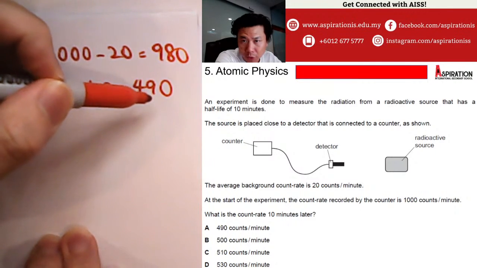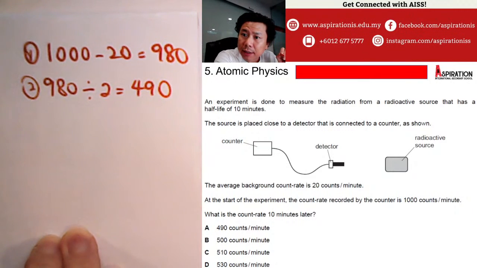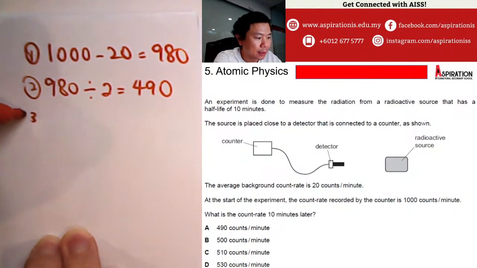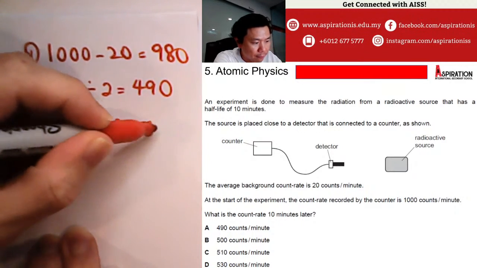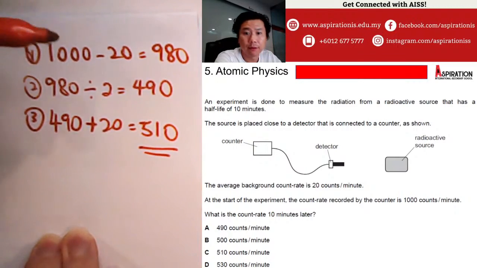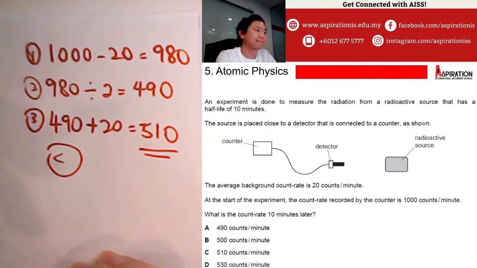So this is due to the source alone, but the detector picks up the count rate due to the source and the background. So the detector will pick up 490 plus 20, so it's 510. Therefore, the answer is C.